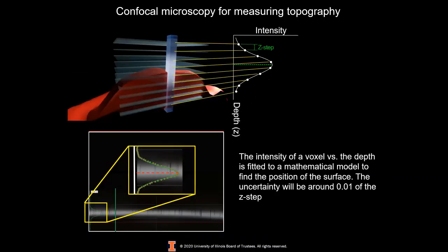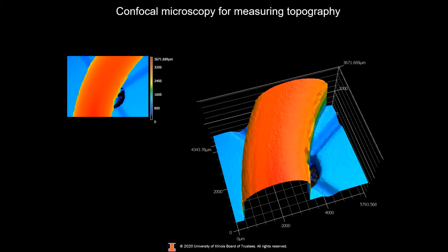Furthermore, by fitting the intensity variation of that voxel, we can locate the surface reflecting the light with an accuracy of 1% of the Z-step that you use to construct that stack. So here is the previous example that we showed for the focus variation method, captured using confocal microscopy.